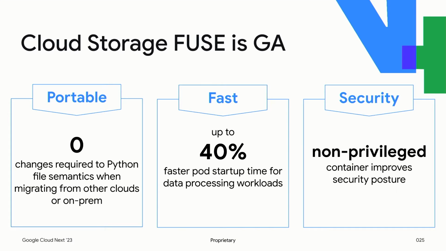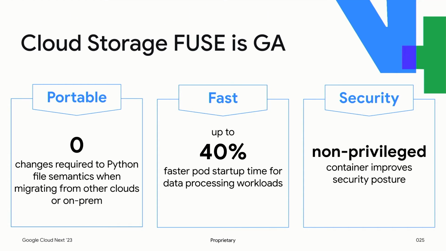And that's why I am thrilled that today Google Cloud Storage FUSE is generally available on GKE. FUSE is short for Filesystem in Userspace, and it allows application developers to use common file I/O operations to access GCS rather than using GCS-specific APIs.